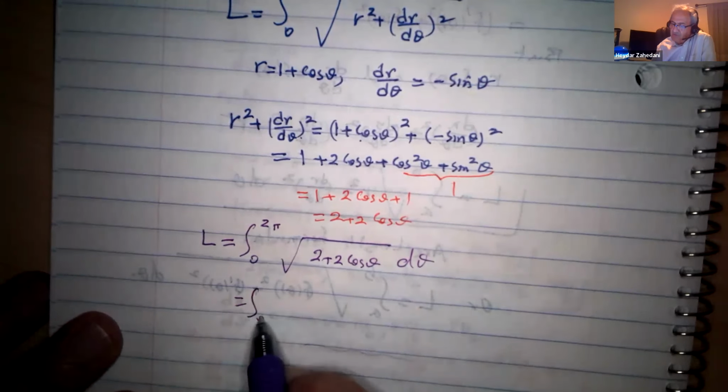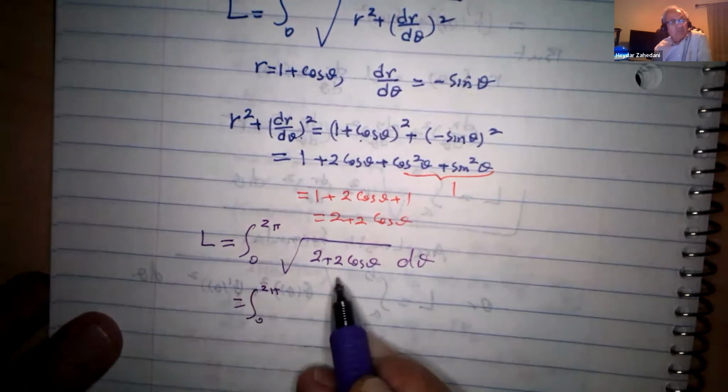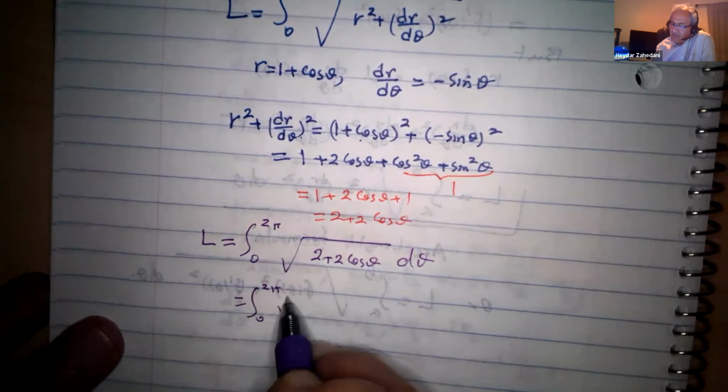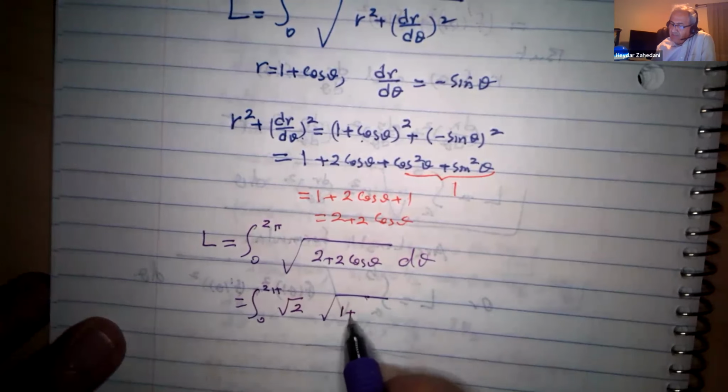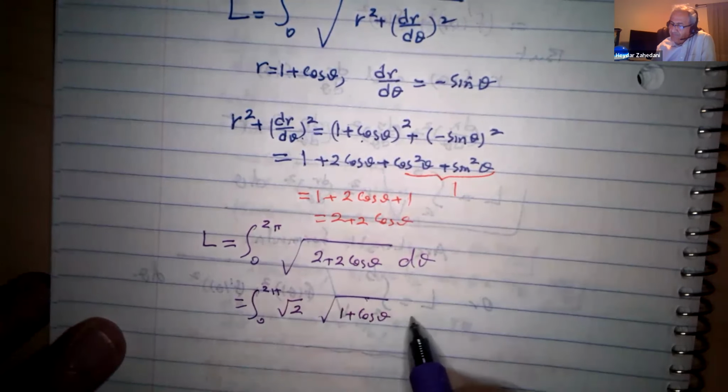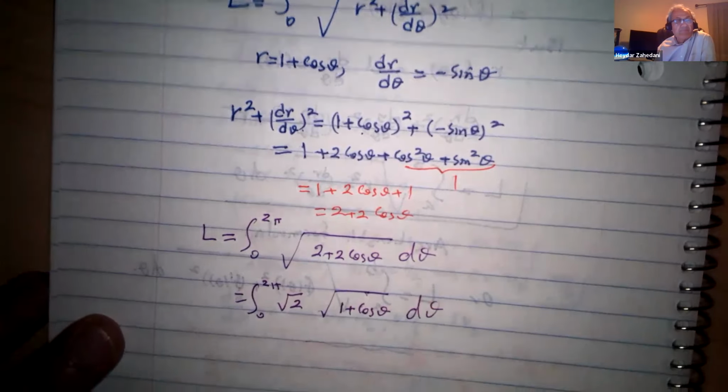You factor out the 2 and put it out, so that you have radical 2 and radical 1 plus cosine of theta, d theta.